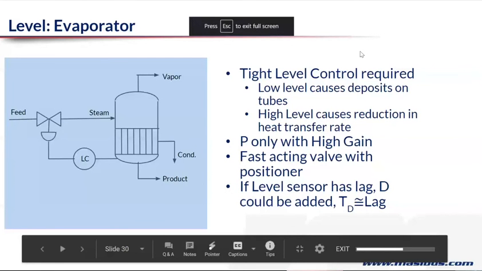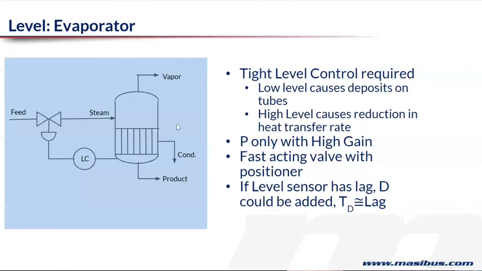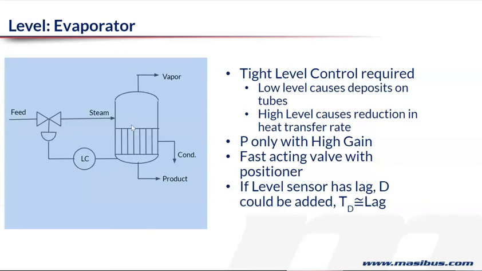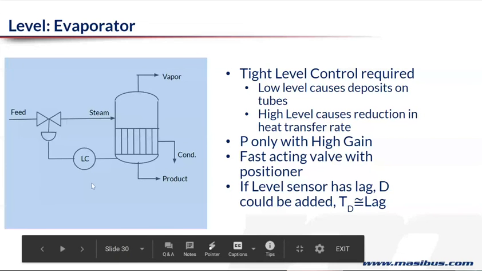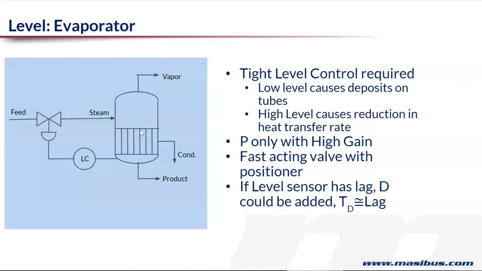So here, if you want to do a tight level control, what do you do? What we are doing here is this is a feed, so you want to maintain the level of the feed. In this process, the level has a huge impact, or like in your boiler, the drum level control has a huge impact on the process.